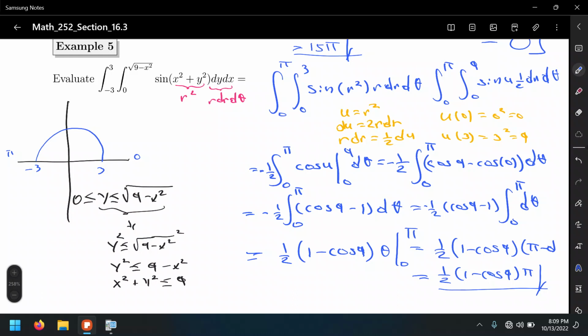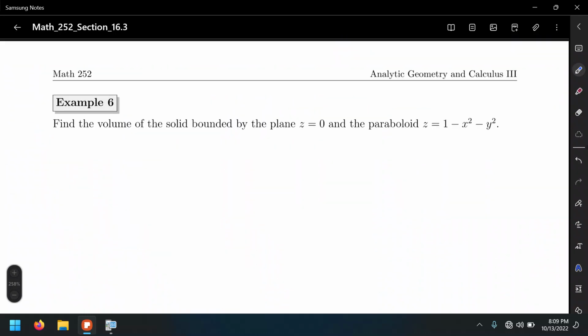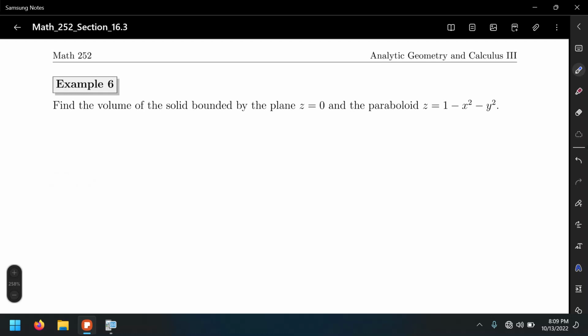Wait a minute. Oh, here it is. Number 3. For the next example, they're asking us to find the volume of the solid bounded by the plane z equal to 0 and the paraboloid z equals 1 minus x squared minus y squared.